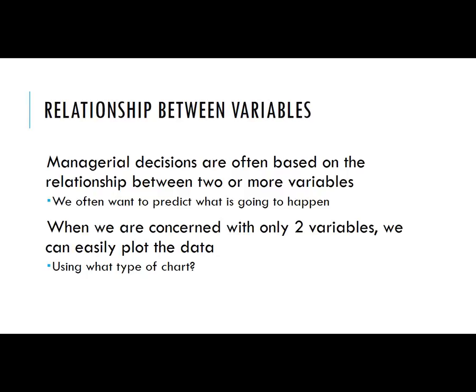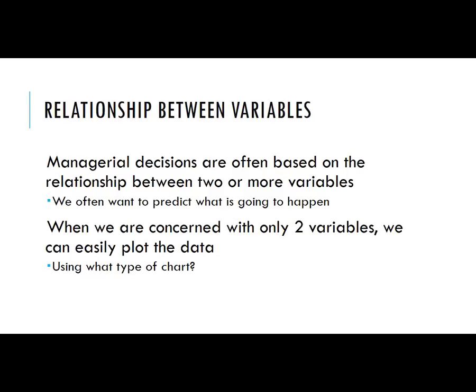We're often interested in making managerial decisions based on the relationship between them. So we often want to predict what is going to happen. If I change the price of a product, how will that affect sales? Will it go up? Will it go down? By how much? Things like that.